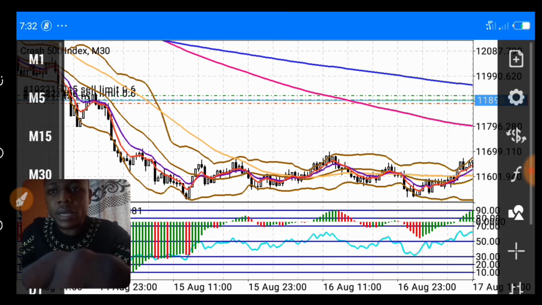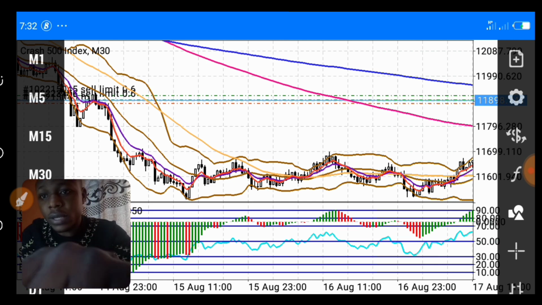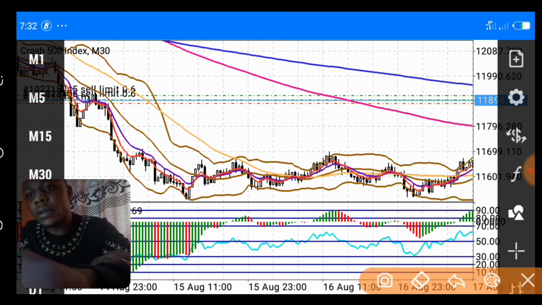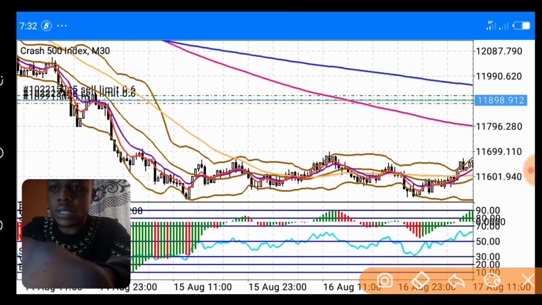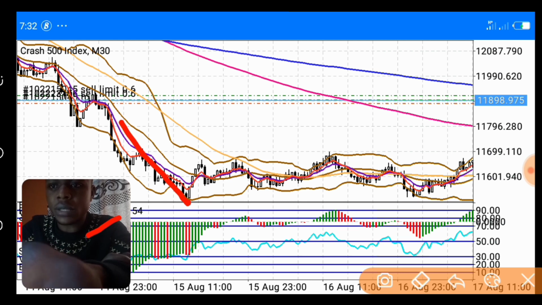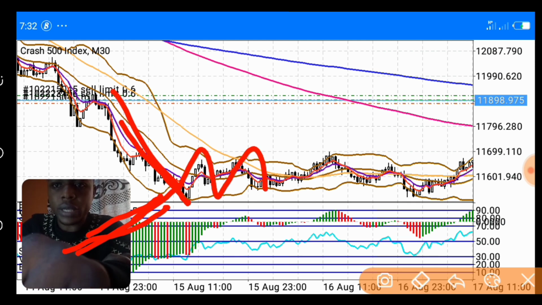So on a swinging market, how do you determine when the market wants to start swinging? After a trend like this, either downtrend or uptrend, maybe the trend was coming from downward, coming up like this or like this, it will start swinging.